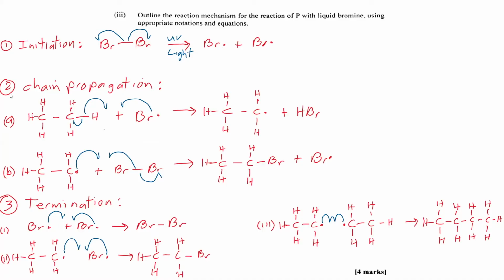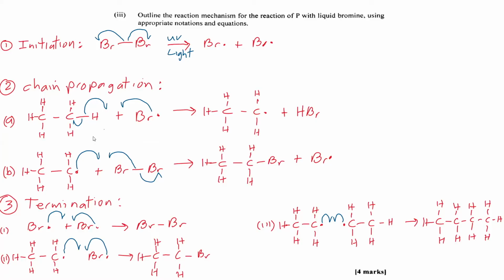Now for part 2, we have chain propagation. Two things will happen in chain propagation. Firstly, the free radical that you produce, you are going to use it to form an alkyl radical. Then the alkyl radical will react with more halogen, the alkyl radical now being the reactive species.